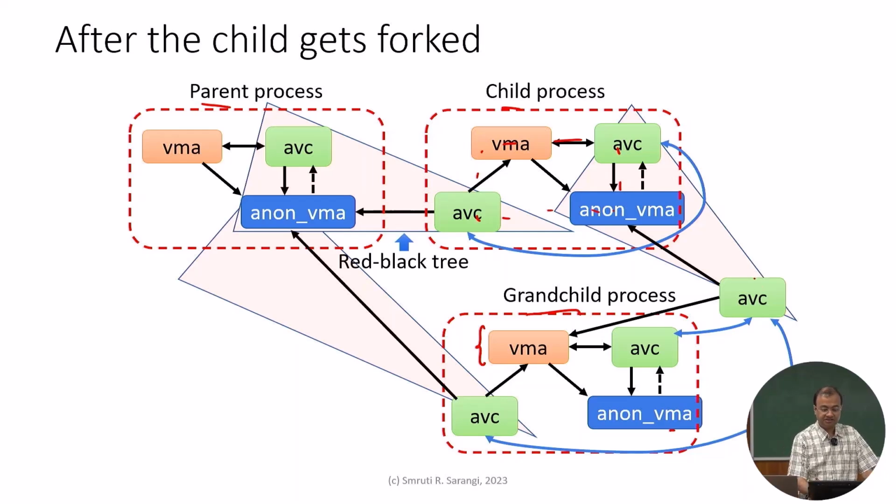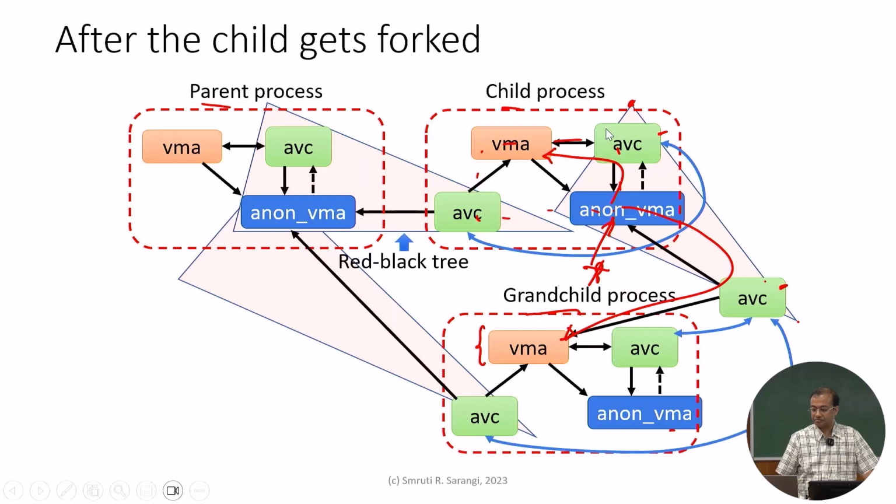One AVC connection it needs is to the child process, where the child process will have its private AVC and the AVC of the grandchild, both of them will be in the same red-black tree as you can see over here. Any page which is pointing over here is shared with the child and with the grandchild, not with the parent. That means if this is evicted, 2 VMAs have to be contacted. One is this VMA and one is this VMA. And this will happen via this red-black tree over here whose root is here.